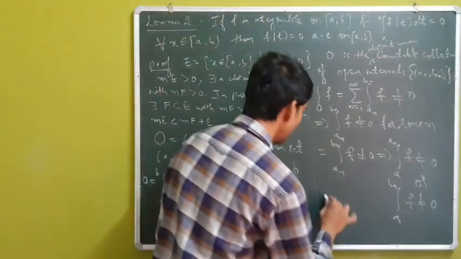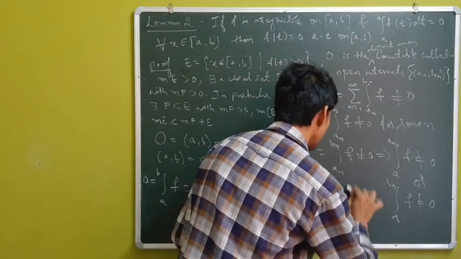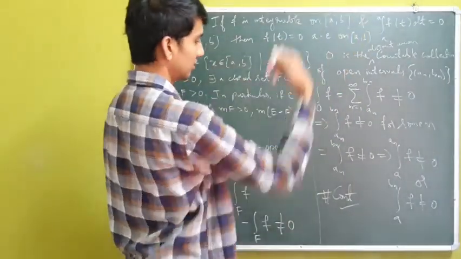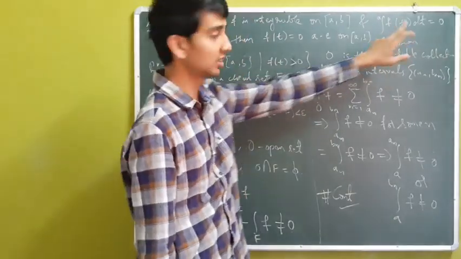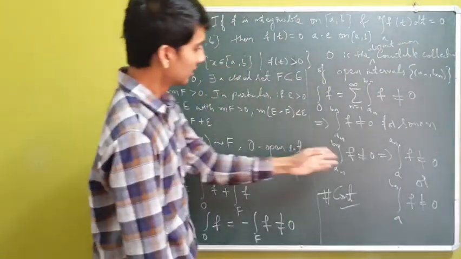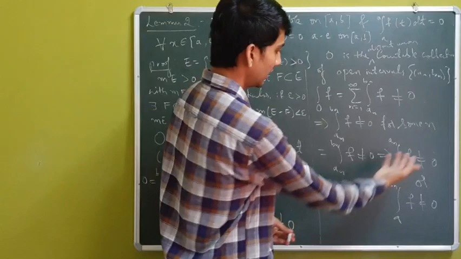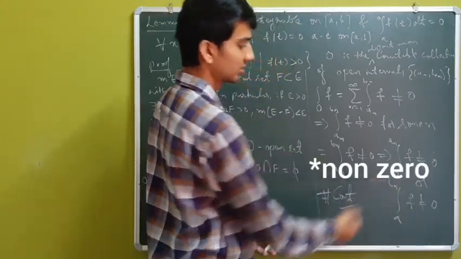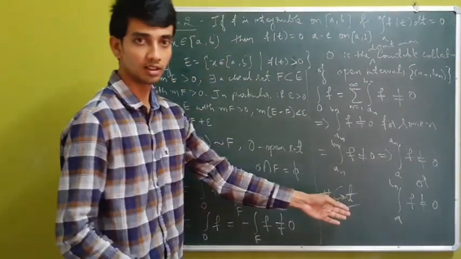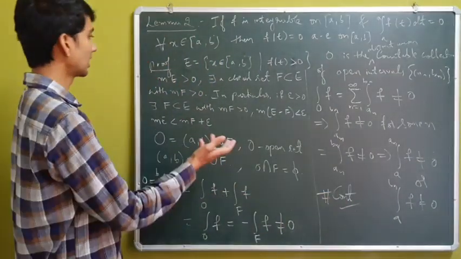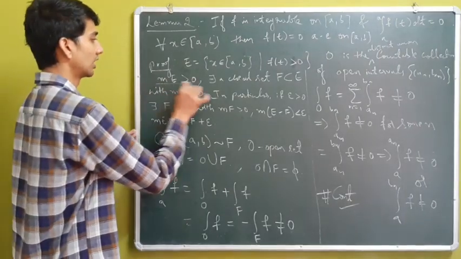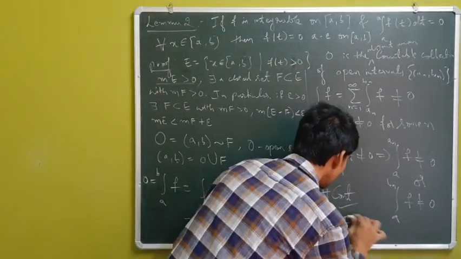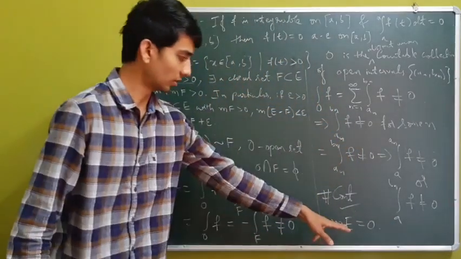But this itself is a contradiction to the fact that the integral of f is 0. Given that the integral of f is 0 for every x in (a,b), we are arriving at the case that the integral of f over (a_n, b_n) is 0, which is a contradiction. So our assumption at the start that the measure of E is greater than 0 is false, so the measure of E must be equal to 0.